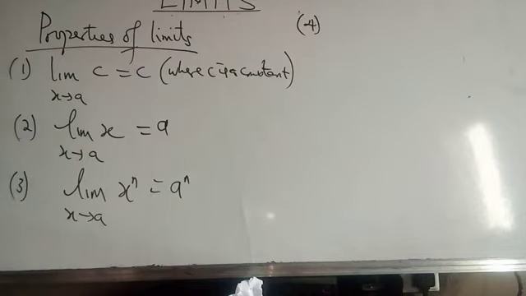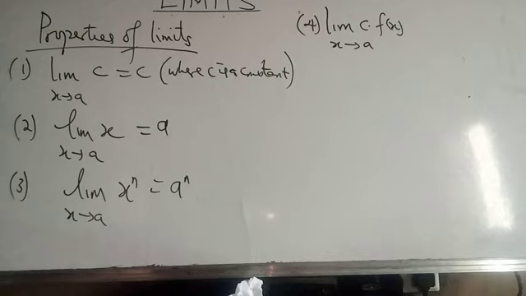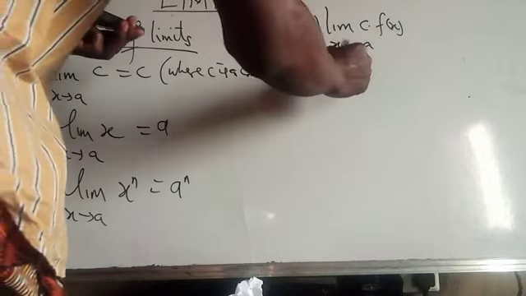Let's look at the fourth one. The limit of c dot f of x as x tends to a. Just as simple as the other one you've done.